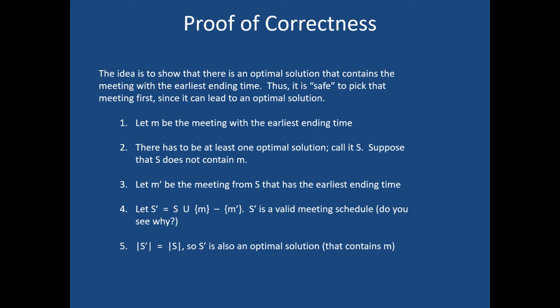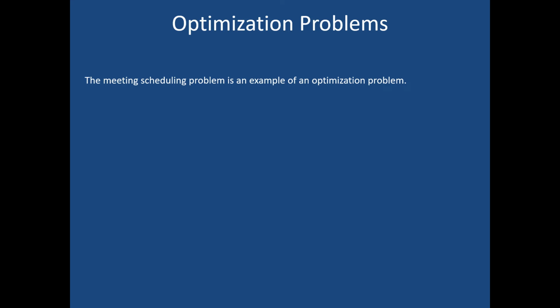Yeah? How do you know again that M doesn't conflict with any other meeting? Okay. M has the earliest ending time. Okay? So how do we know that there's no meeting that... it doesn't say anything about when M starts. So how do we know that all the other things in the set... let's draw a picture here.